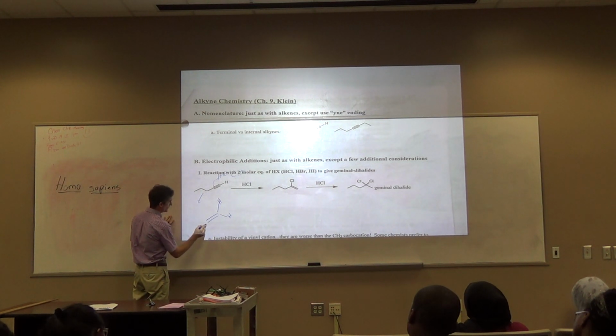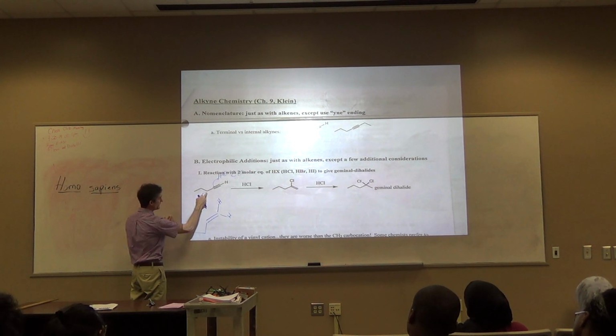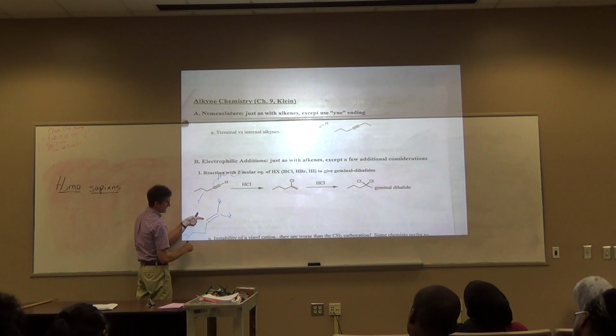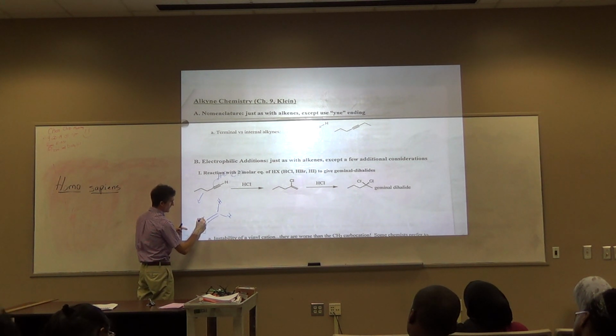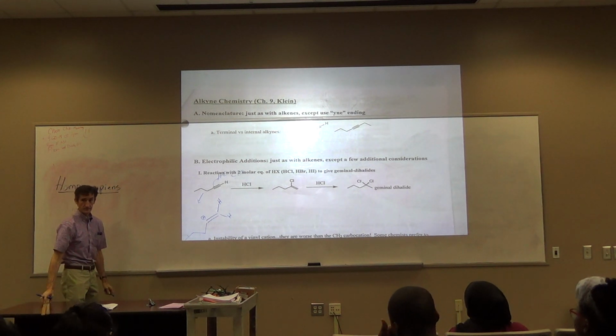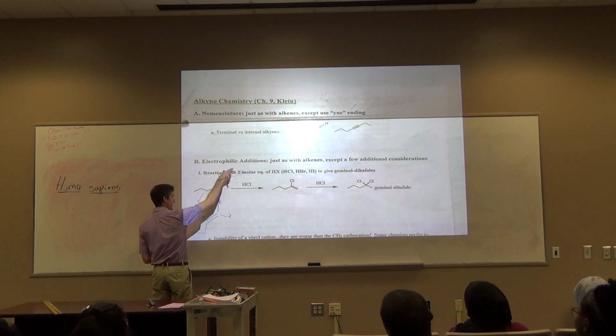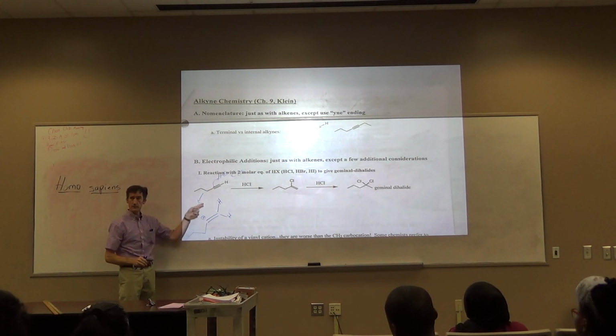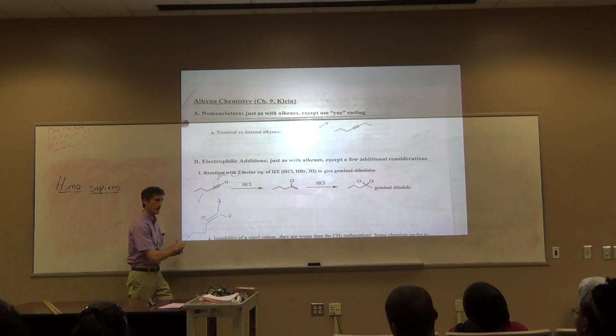What's on this carbon now for my mechanism? Yes, that's right, a carbocation. The pi bond breaks away, just like alkenes, except instead of going from double bond to single bond, we went from triple to double.